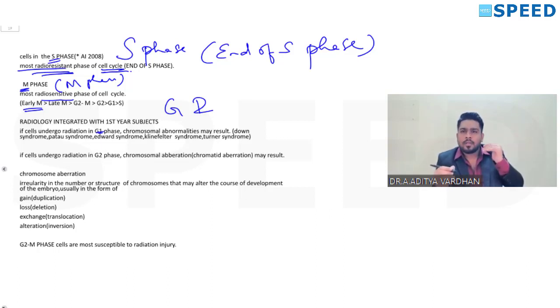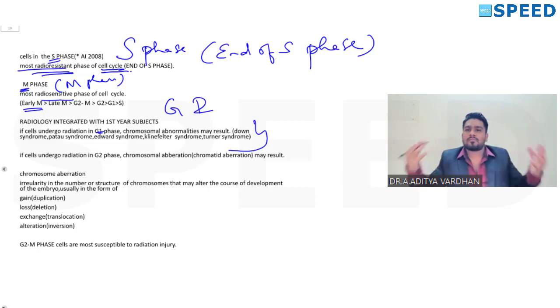Trisomy 21, Down syndrome; trisomy 18, Edwards syndrome; trisomy 13, Patau syndrome; 45XO, Turner syndrome; 47XXY, Klinefelter syndrome. The cell will undergo chromosomal abnormality which will manifest as these syndromes. Remember, G1 phase, chromosomal abnormality.